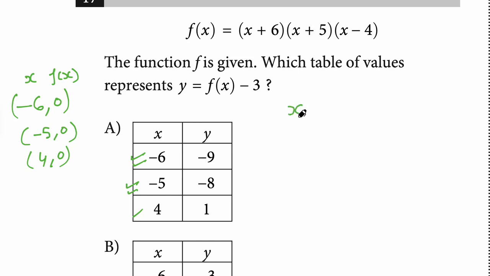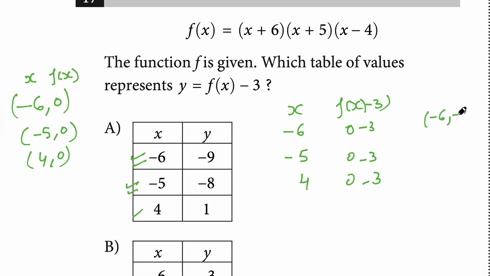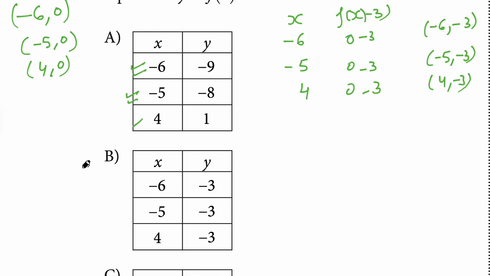So if x is negative 6, negative 5 and 4, f of x minus 3 is 0 minus 3, 0 minus 3, 0 minus 3, which is negative 3 itself. So it's negative 6, negative 3, negative 5, negative 3, 4 and negative 3. So let's see the options. Yes, B is the right option.